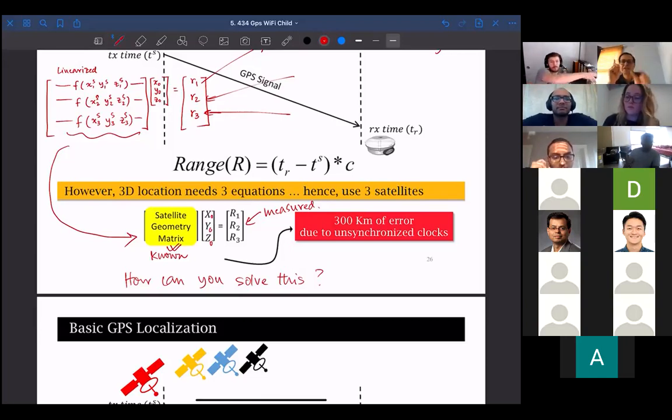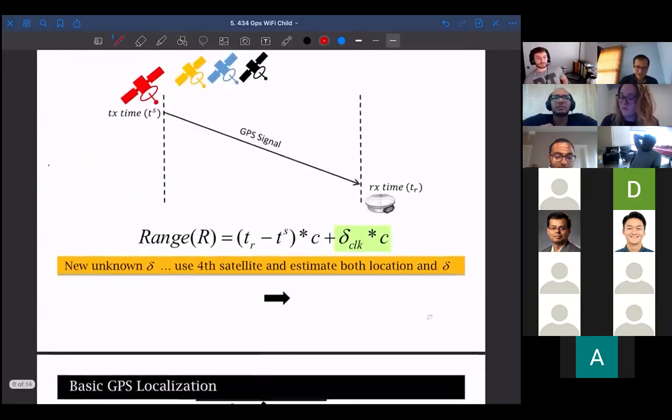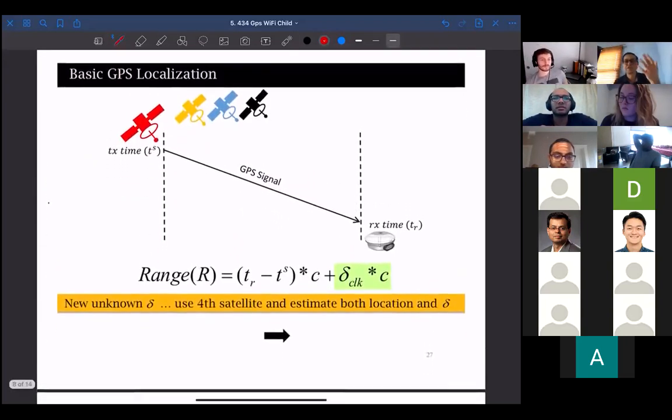Okay. So to solve this 300-kilometer problem, there's only one unknown that you need to add to your X vector, which is X0, Y0, Z0, and that is delta T. I have one more unknown, so I have 4 unknowns, but I have 3 equations. Where do I get the 4th equation? Anyone? A 4th satellite? I am now going to use 4 satellites, 4 unknowns.